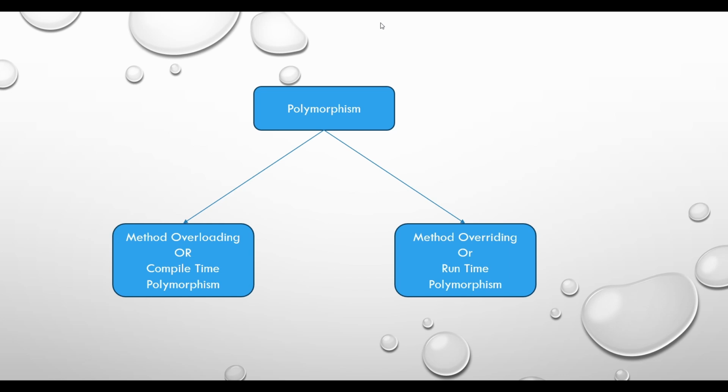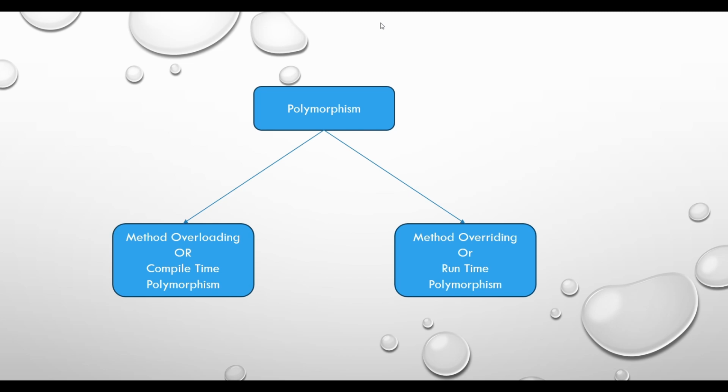So let us try to understand what is polymorphism, from a real-time example. Suppose you want to travel from New Delhi to New York, right? You can go by flight, and there are multiple options.